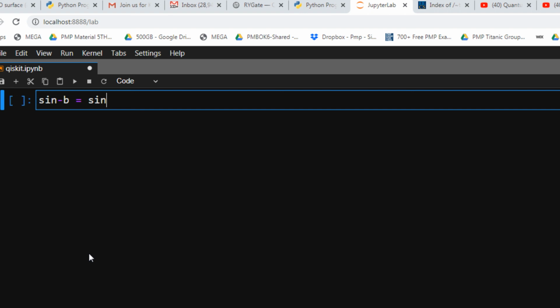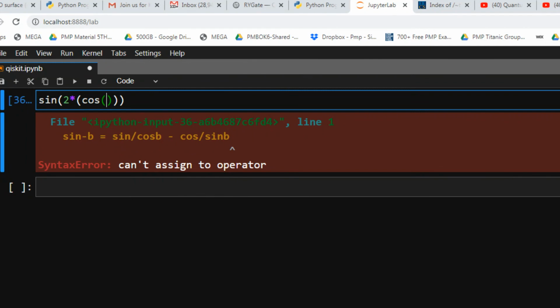Sine 2 into cos plus b. Let's see. Come on.